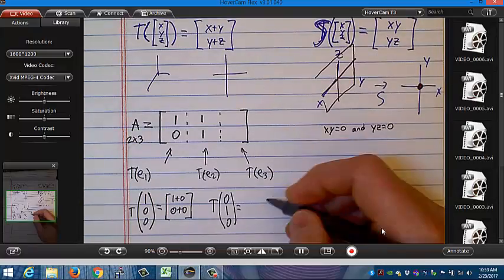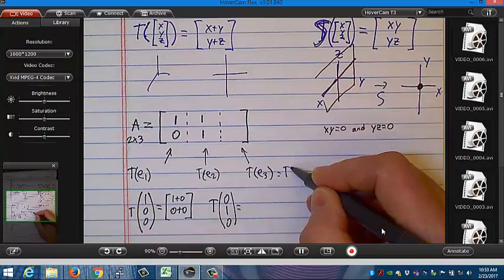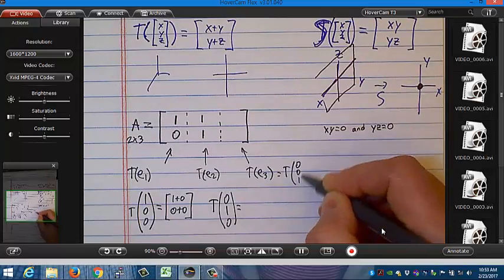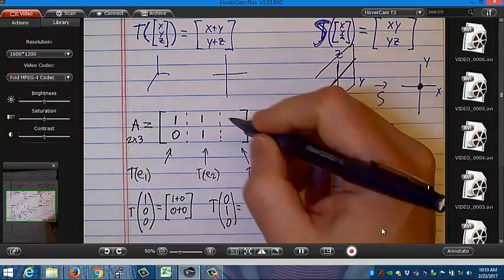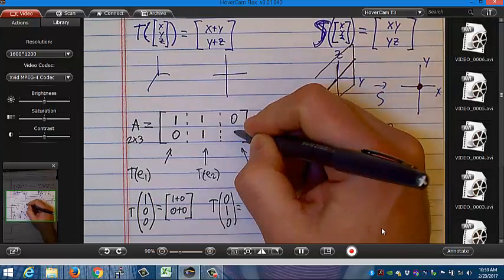How about T of E3? That's T of 0, 0, 1. What's that going to be in this example? You guys have it or no? 0, 1. Okay.